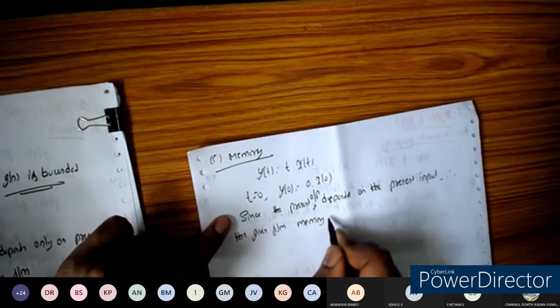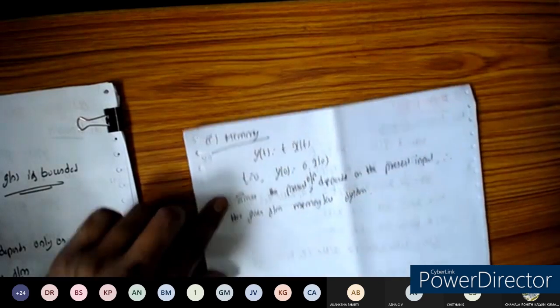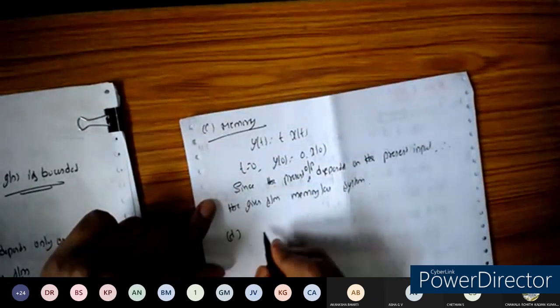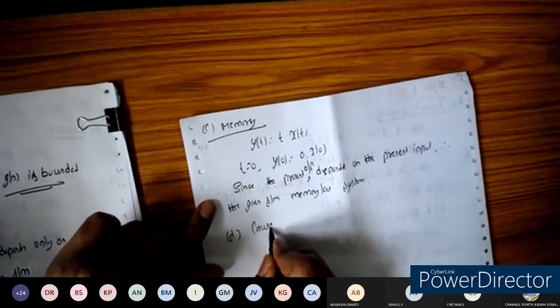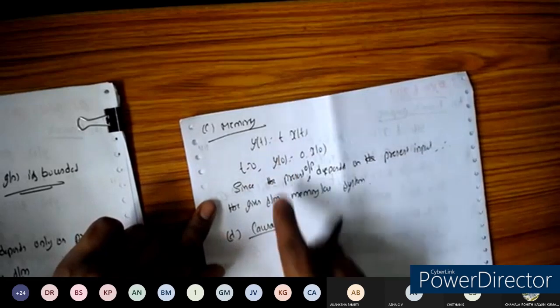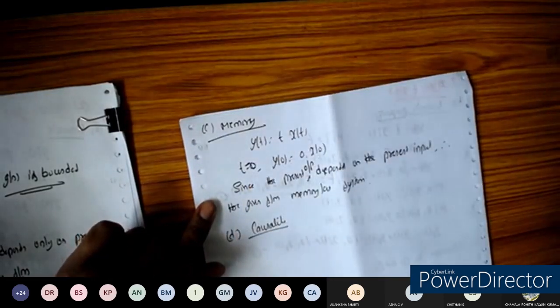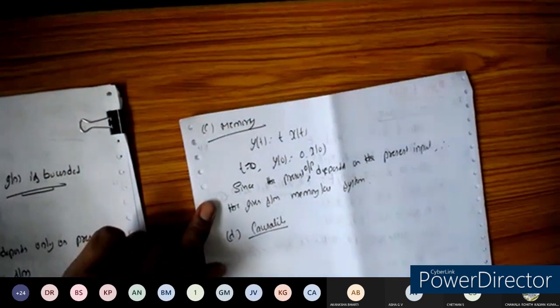It does not have memory. Got it? By observation we can say it's a memoryless system, or you can verify mathematically like this: y of 0 is 0 into x of 0.